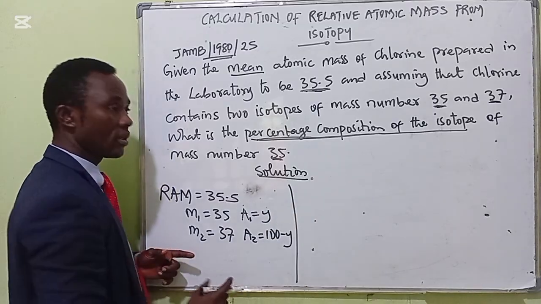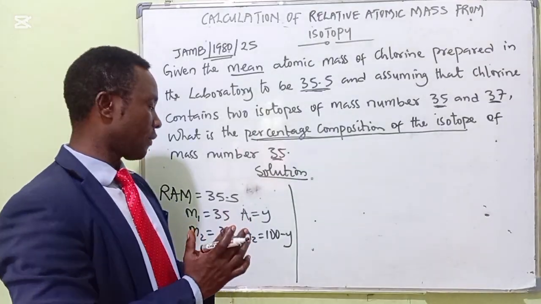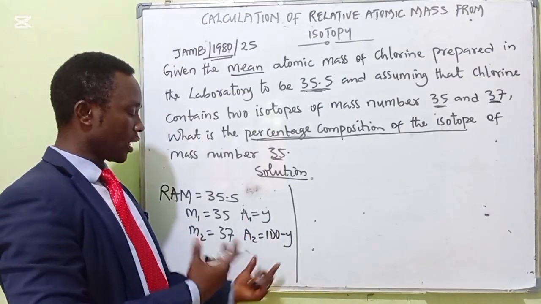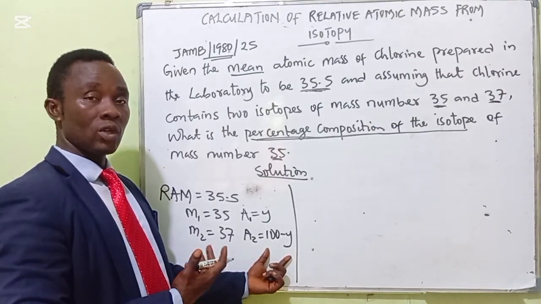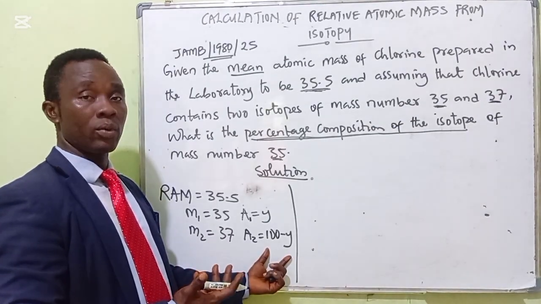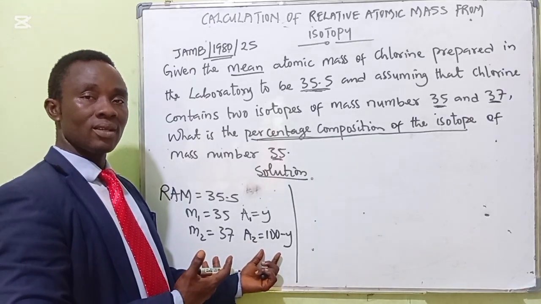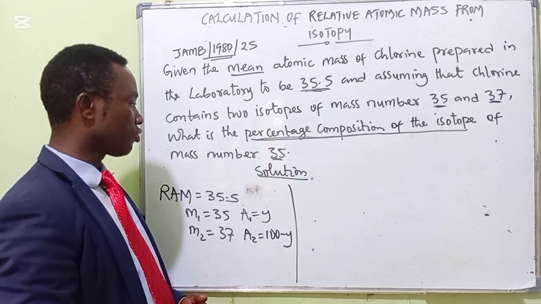The reason is because the summation of all the abundances must sum up to 100%. Just like assuming if y, for example, is 60, then the other one should be 100 minus 60, which is 40, because 60 plus 40 gives us 100.